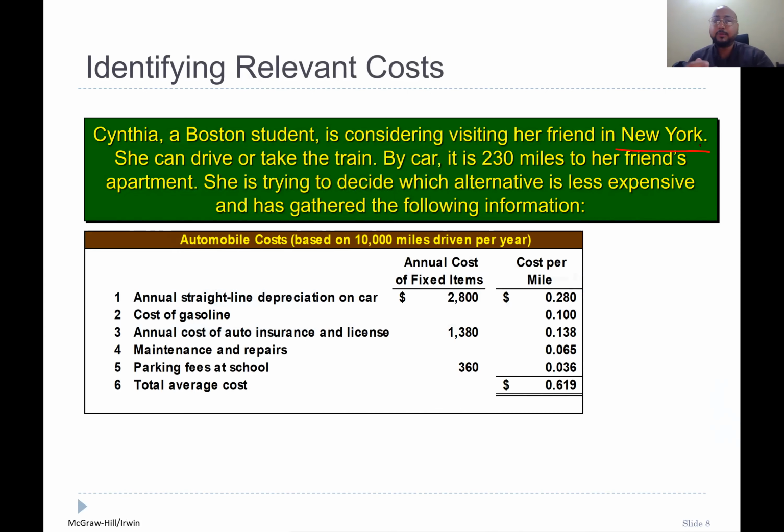So we have two alternatives: drive by herself, or take the train. By car, it is 230 miles to her friend's apartment. She is trying to decide which alternative is less expensive and has gathered the following information. So you see here, wait a second.